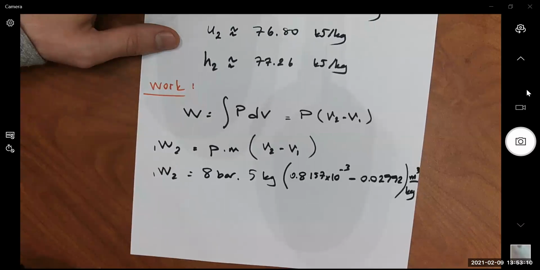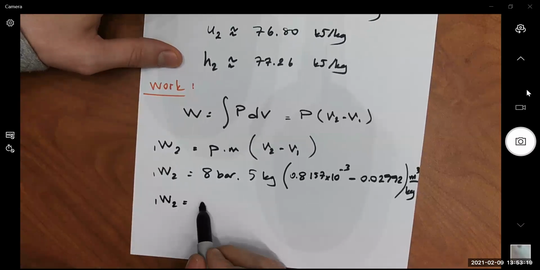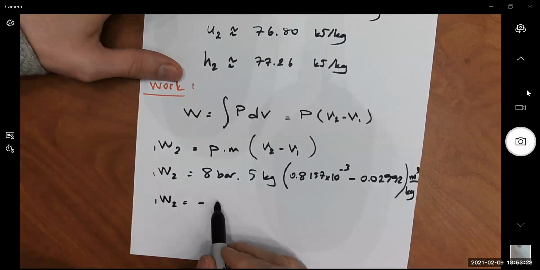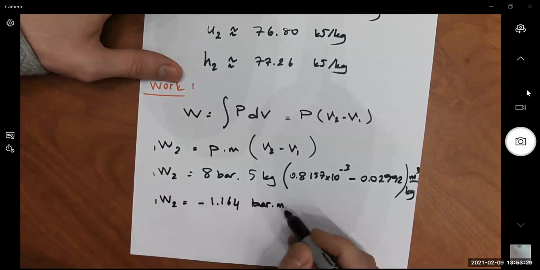Which should give you minus 1.164 bar times meter cubed.